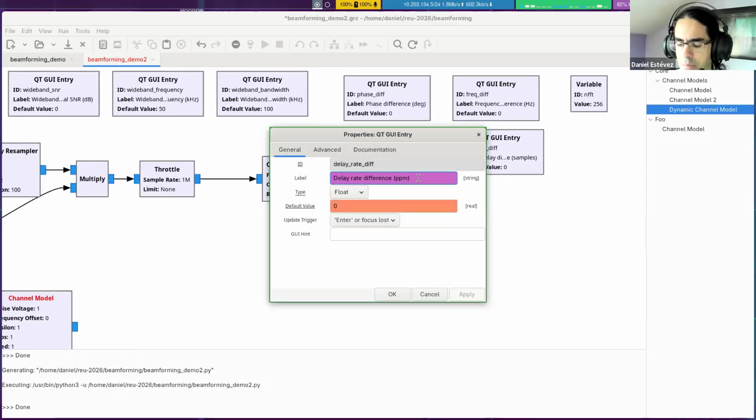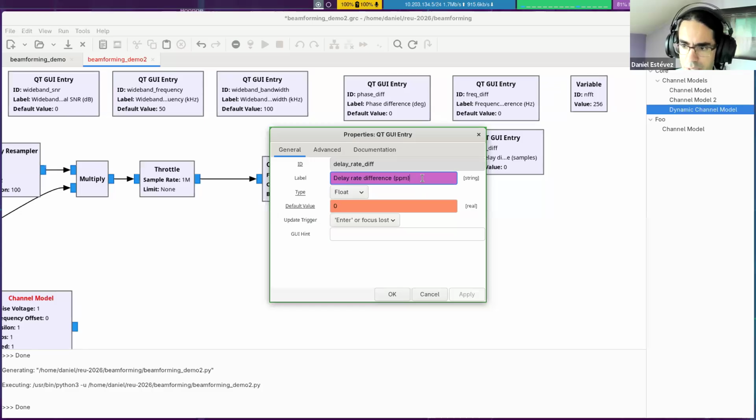And I want to have this in parts per million, which is a useful unit because the delay rate difference is very small. What does a part per million mean? If I have 1 part per million delay difference, that means that in a million samples, the delay changes by 1 sample. So essentially, the delay rate of change is 1 millionth.